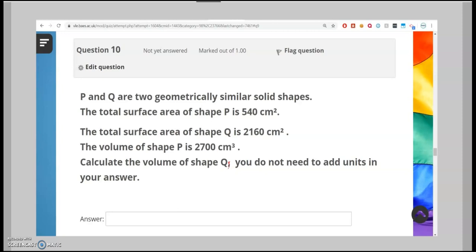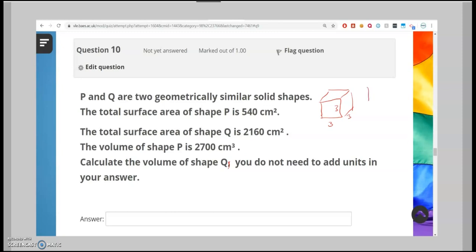So we're looking at similar shapes. I'm going to illustrate with an example what happens when you enlarge a shape. What happens to the surface area? What happens to the volume? So I'm going to pick a cube with dimensions of 3, 3, 3 centimeters.